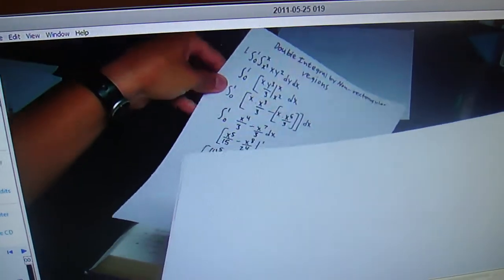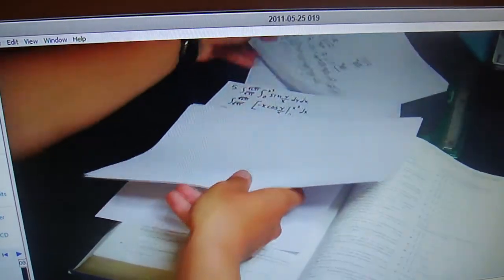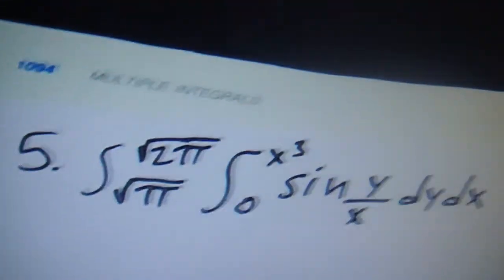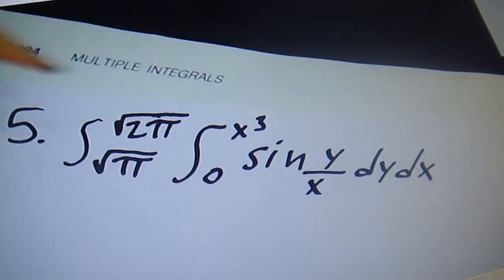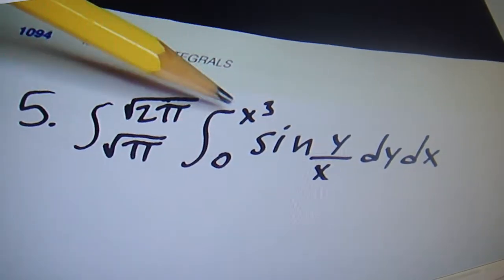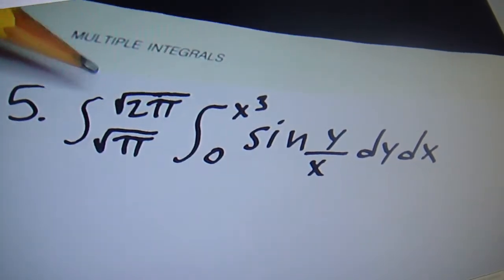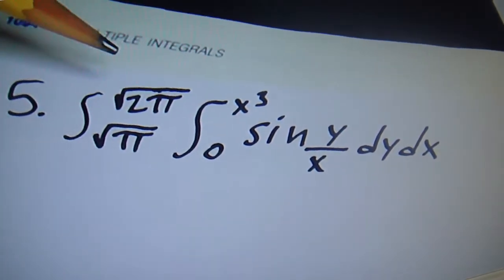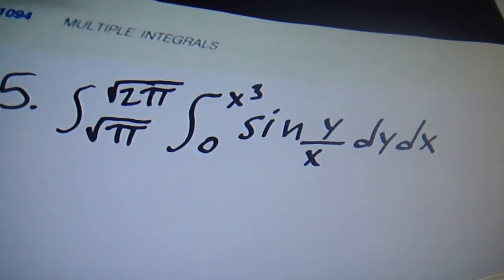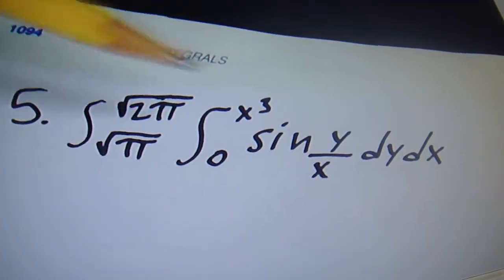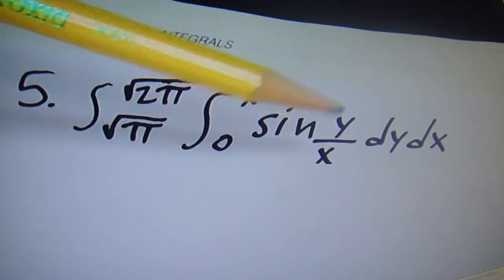And then let's do the hardest example that I have found, which turns out to be a real cute number, as Mr. Bogart says. That's number 5. You have x cubed from 0 to x cubed, and then square root pi to square root 2 pi, sine y over x, dy dx.